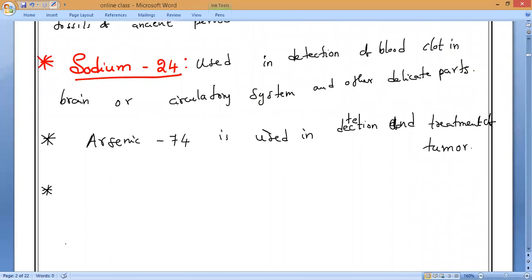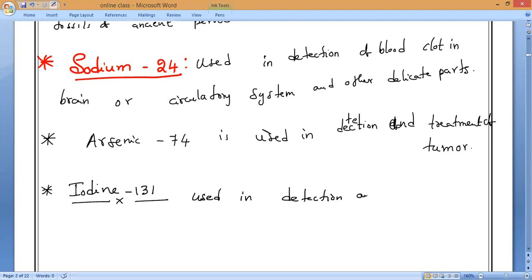Next, iodine-131. You all know this one. This is one of the most dangerous and common diseases. You might have heard about iodine; it is related to one of the glands. Anybody? Thyroid. Used in detection and treatment of thyroid cancer.